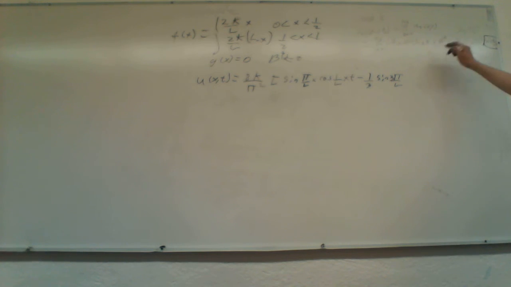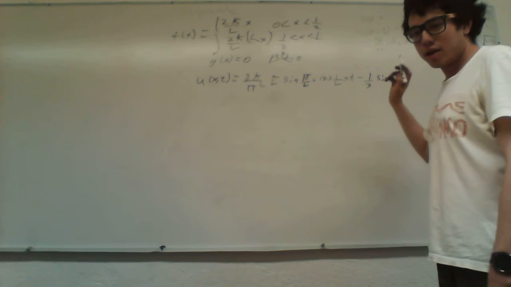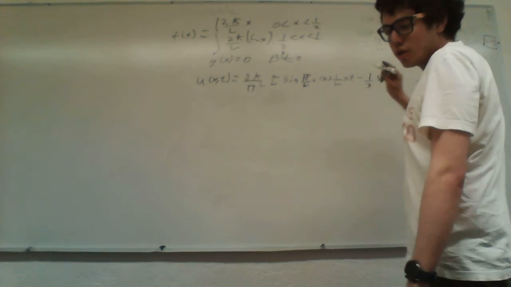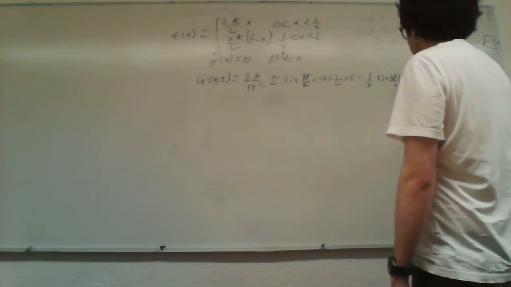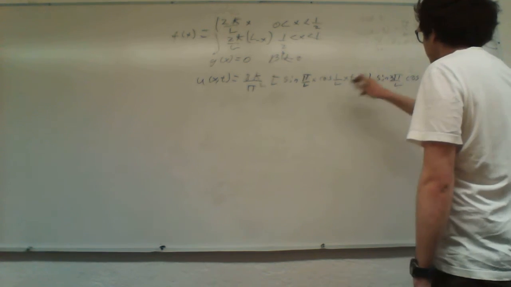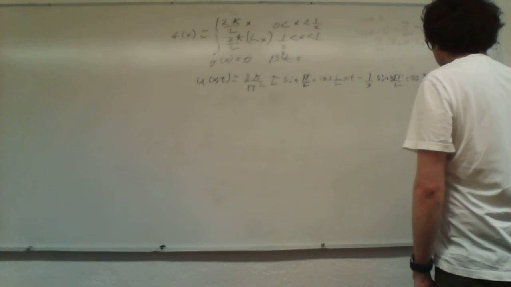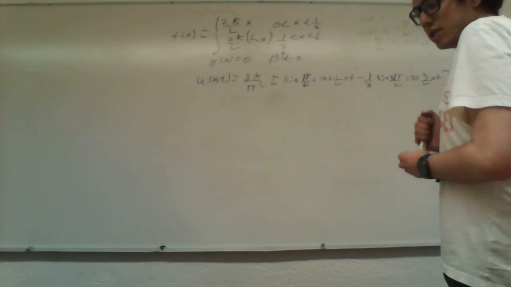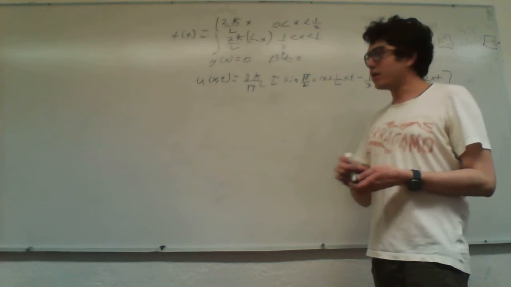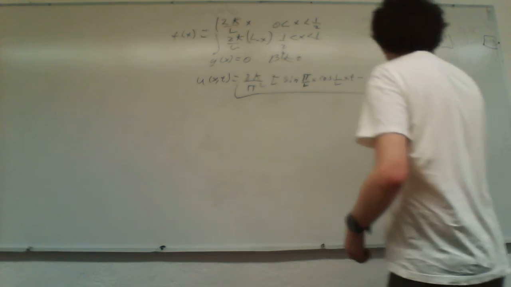And as we said, we don't have this B star, so we have cosine of 3 pi c over L t. Okay, so this is the final answer of this example.